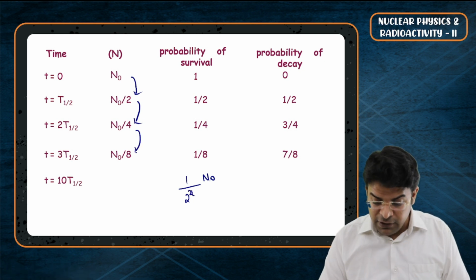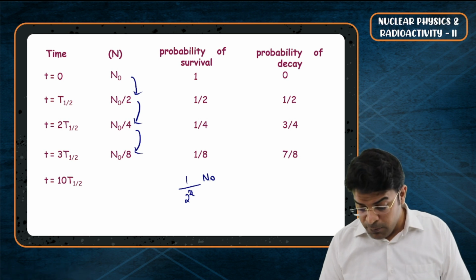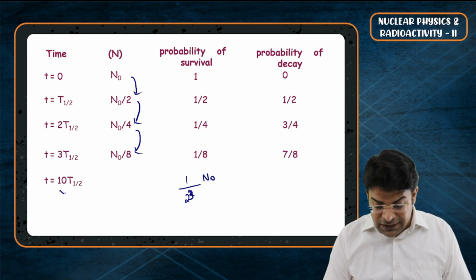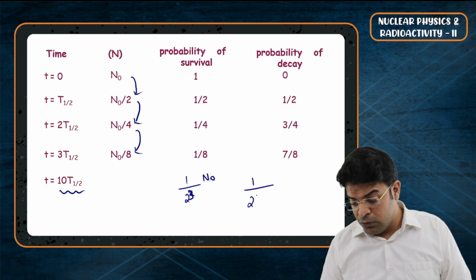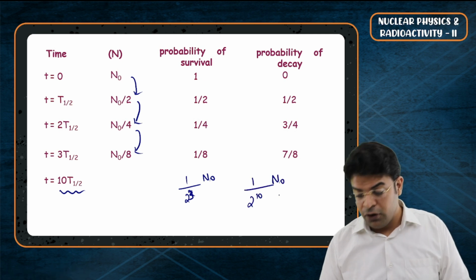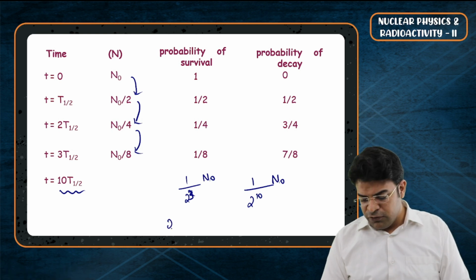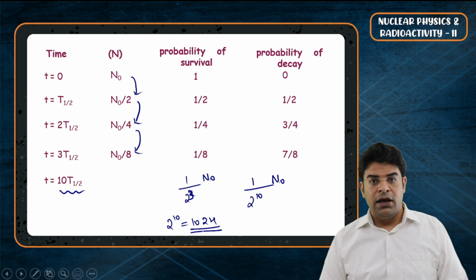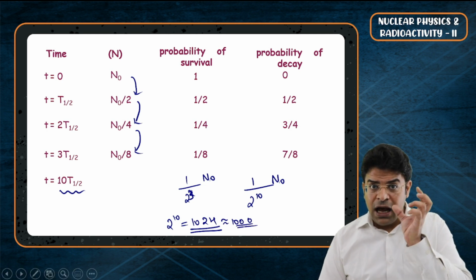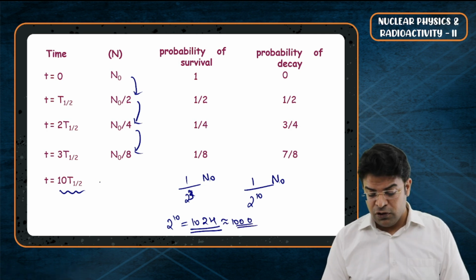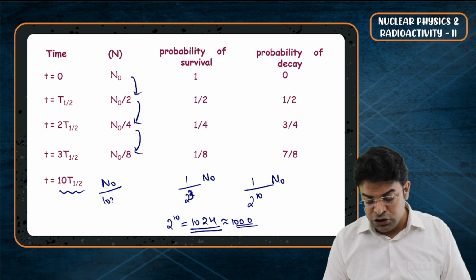After 3 half-lives, it is 1 upon 2 raised to the power 3 times n0. So after 10 half-lives, the number of active nuclei will be 1 upon 2 raised to the power 10 times n0. 2 raised to the power 10 is 1024, and this can be approximated to 1000. So we say that after 10 half-lives, the number of active nuclei will be n0 upon 1024.